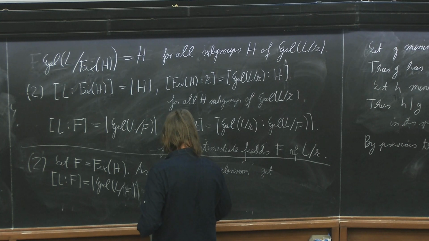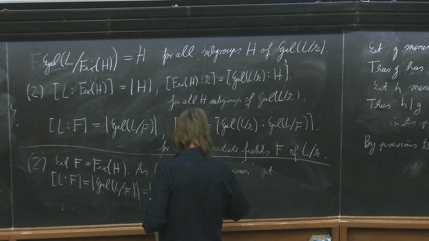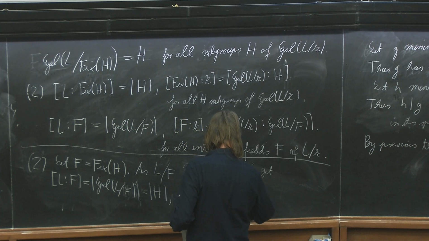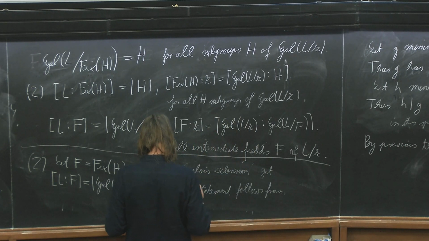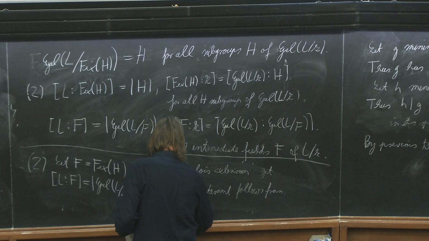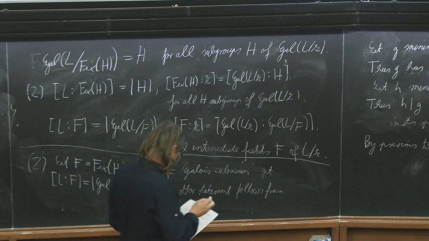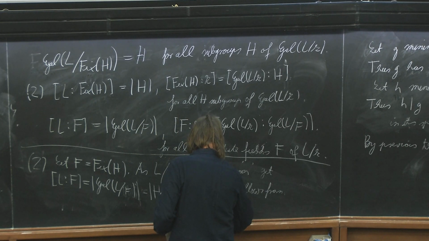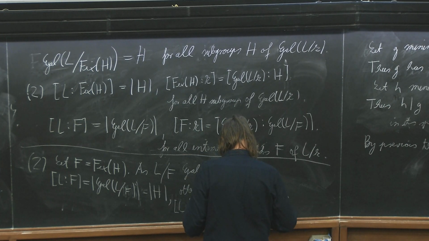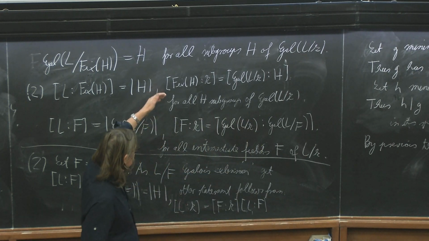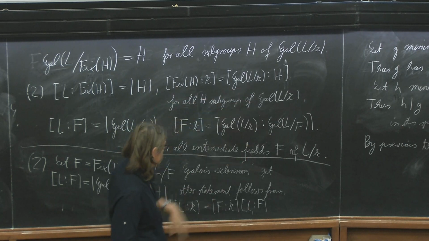The other statement follows from the relations that we always have, that the degree of L over K is, by the degree theorem, equal to the degree of F over K times the degree of L over F. Put this together, you get this second statement.